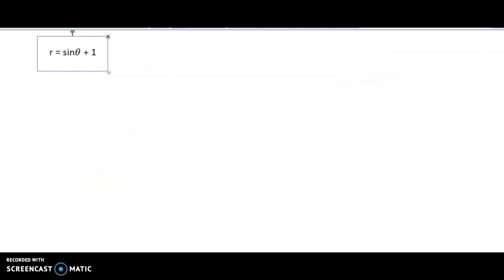Let's look at one more example here. You have r equals sine theta plus 1. And again, I think the key part is we want the easiest way to get rid of the r, which is to somehow get it to be r squared, because we know that r squared is equal to x squared plus y squared. So again, I'm going to multiply by r on both sides.